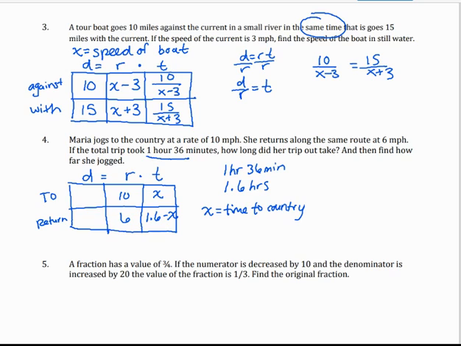Now, what do I do for equations? Well, I can fill in that last box by distance equals rate times time, so this is 10x. And then this is 6 times (1.6 minus x). So I'm going to have you try to figure out what my equation should be to now go ahead and solve for x. Go ahead.